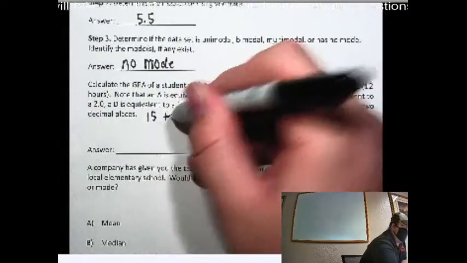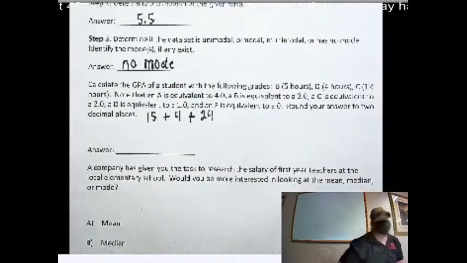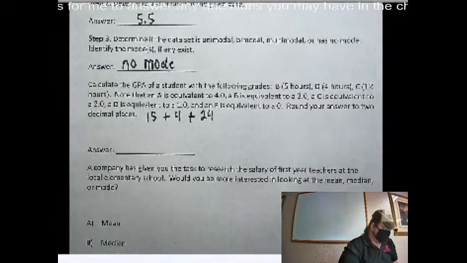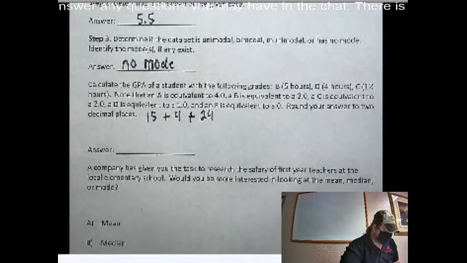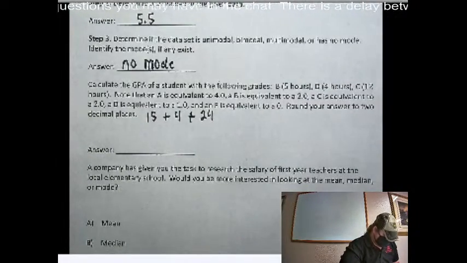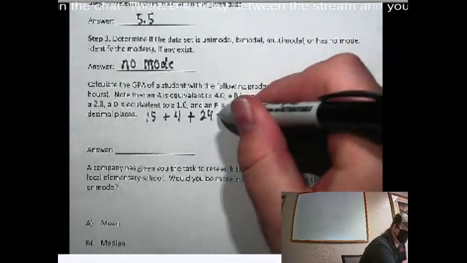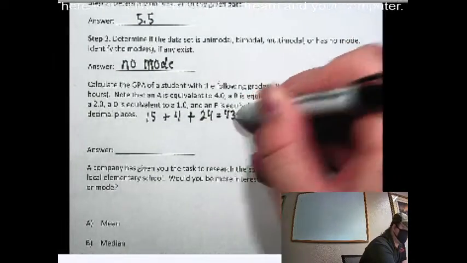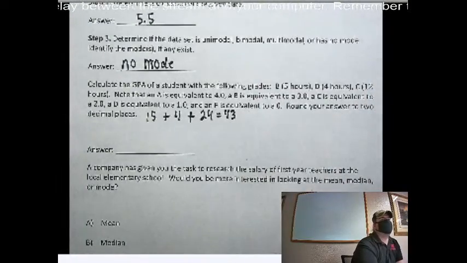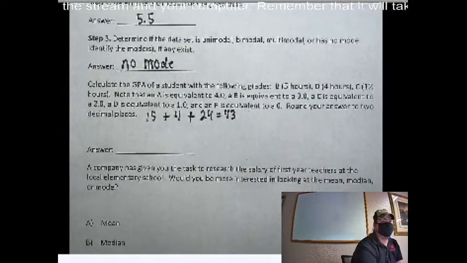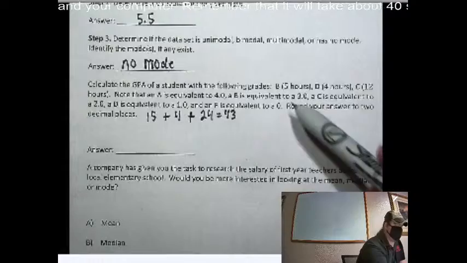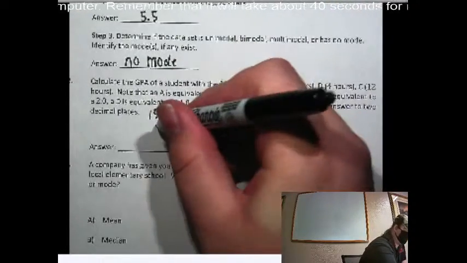And we want to add those together. And this will give us how many credit hours we earned. So 15 plus 4 plus 24 is 43. Now we also need to know the total amount of hours attempted. So 5 plus 4 plus 12.